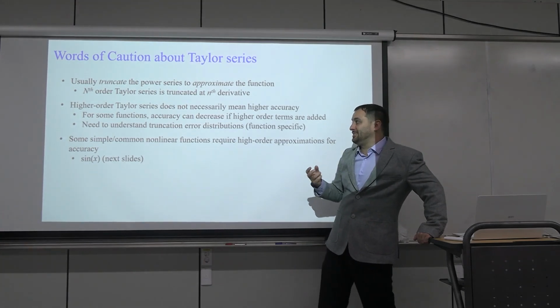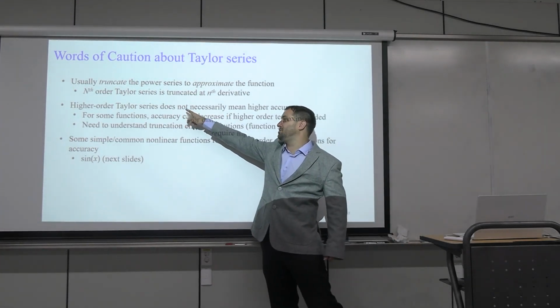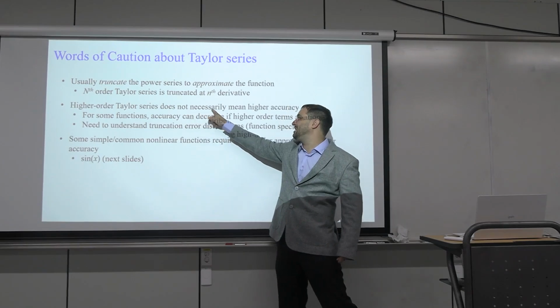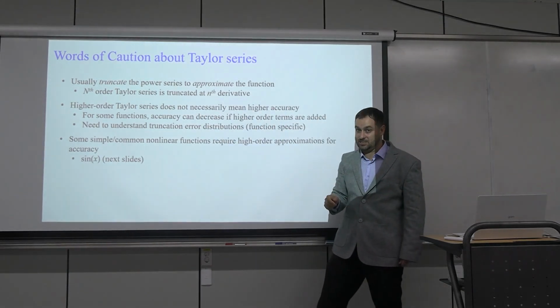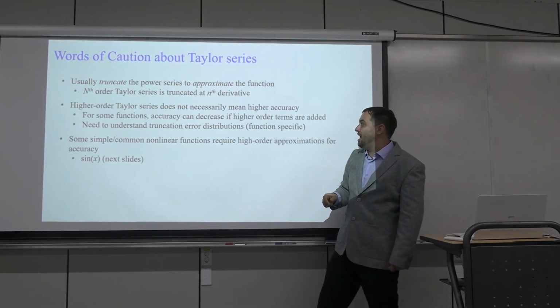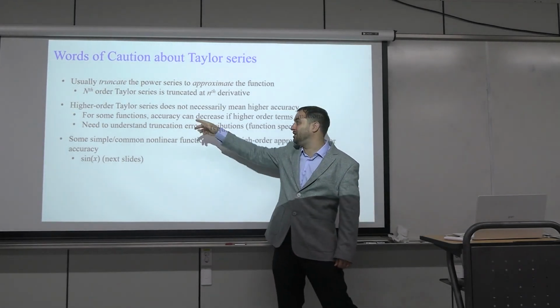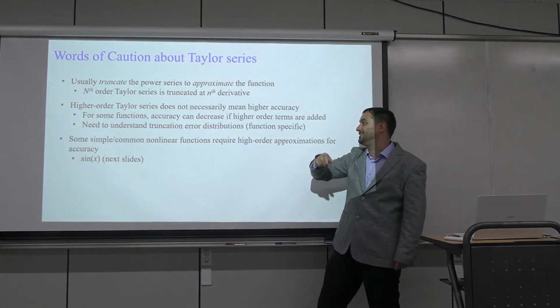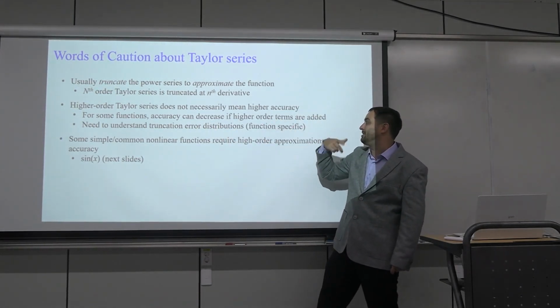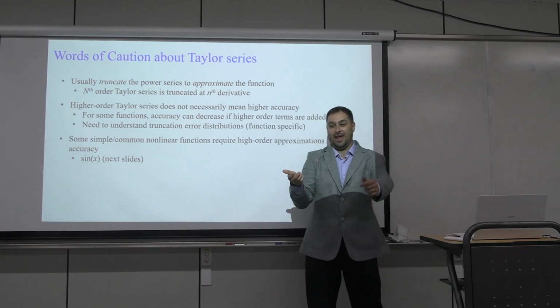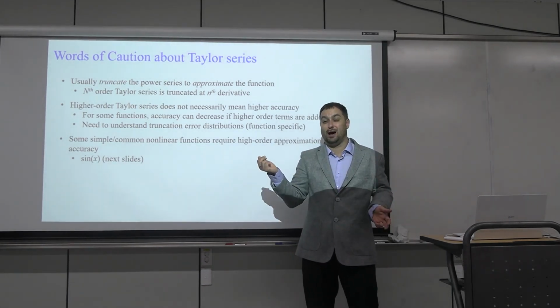Another thing is higher order Taylor series does not necessarily mean higher accuracy. For some particular functions, the accuracy can actually decrease if you keep adding these higher order terms, or the solution might become unstable.